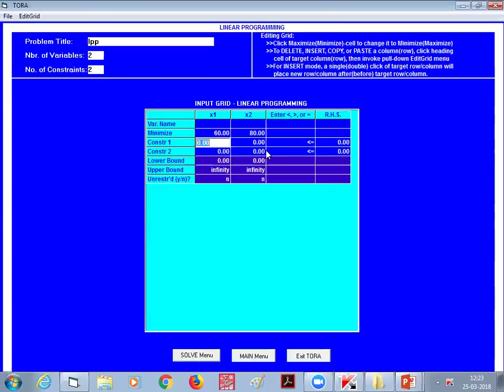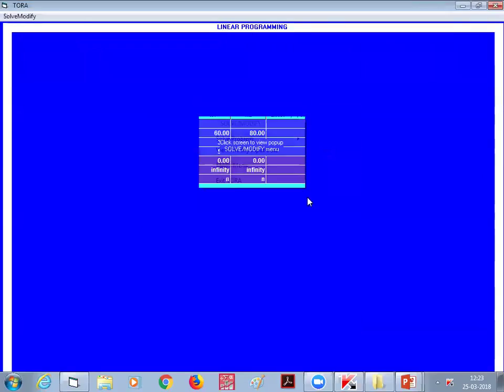And 3x1 plus 4x2 is greater than or equal to 8, right? And 5x1 plus 2x2 is greater than or equal to 11. Okay, so we've entered all the data and we're going to solve the problem graphically.